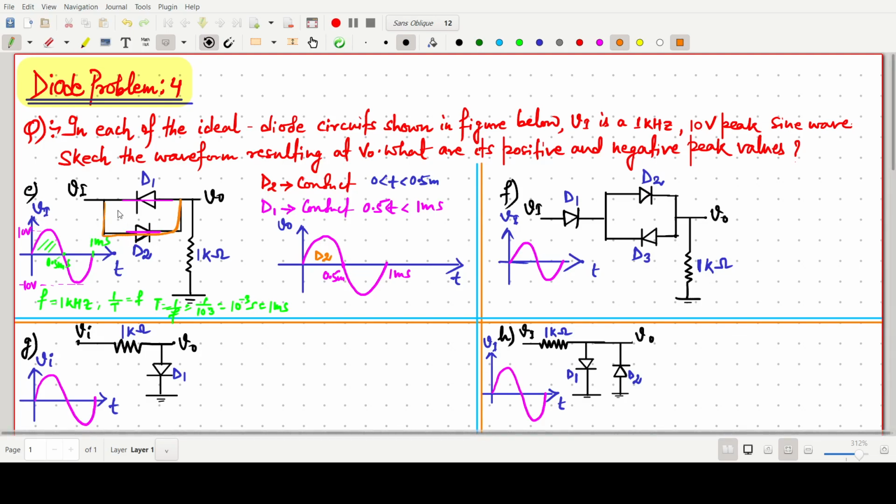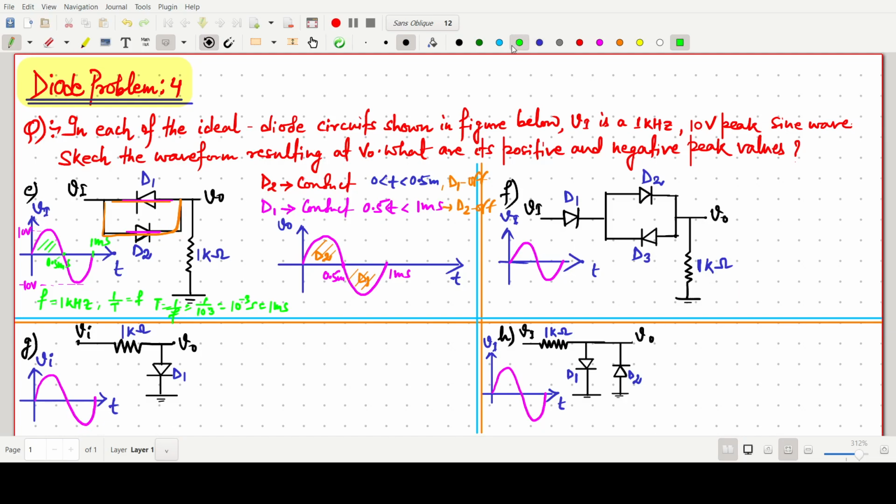And in the second half this will conduct. During D2 conduct, D1 will be off, and during D1 conduct, D2 will be off. So D2 on in this period, and in this period for the negative half, D1 will be on. So output follows the input.